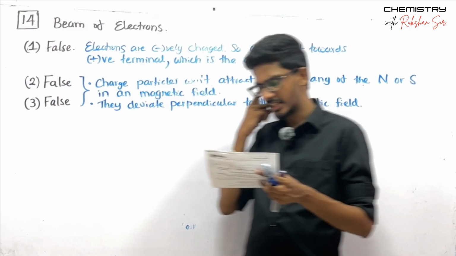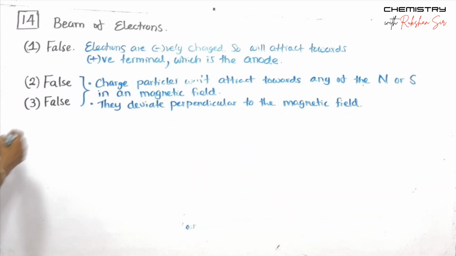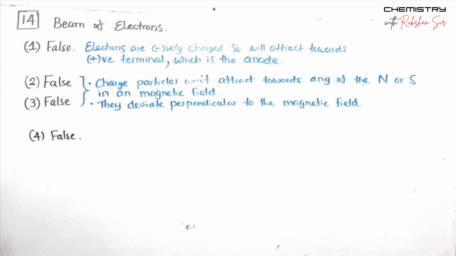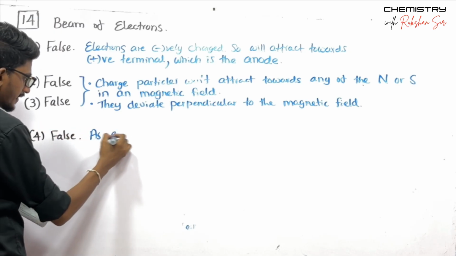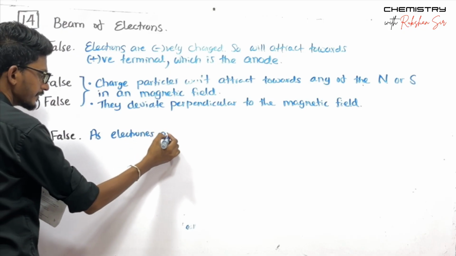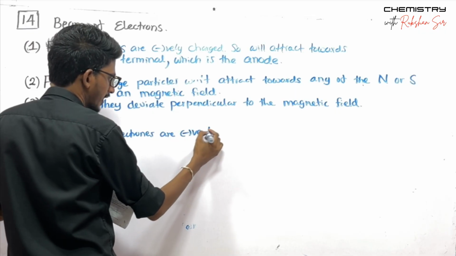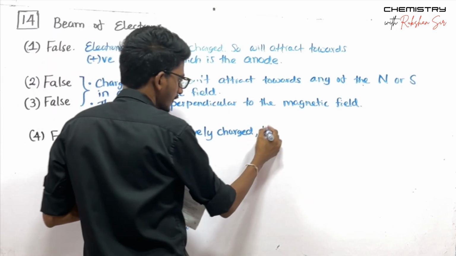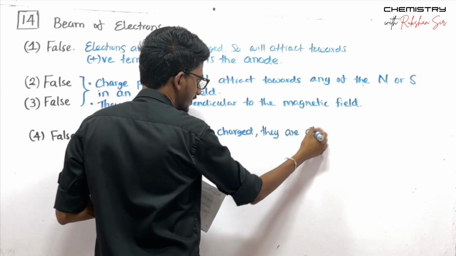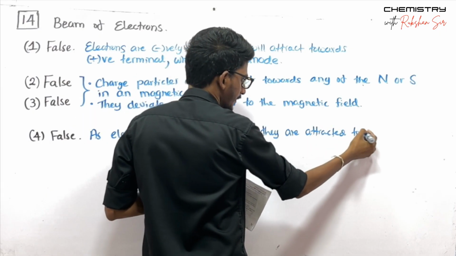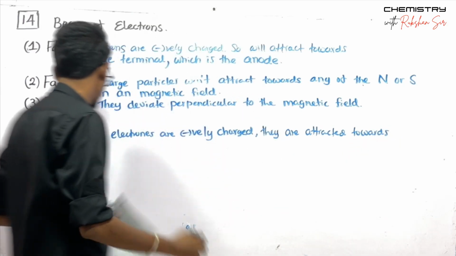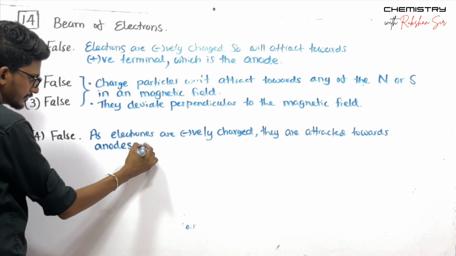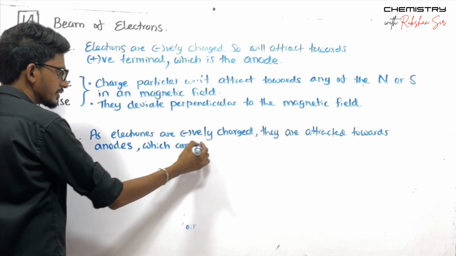Statement 4: It is deflected away from the anode. False. As electrons are negatively charged, they are attracted towards the anode, which is positively charged.